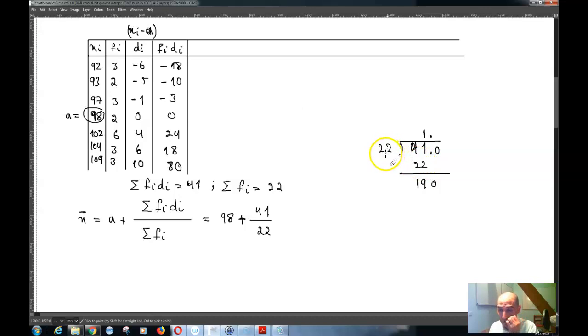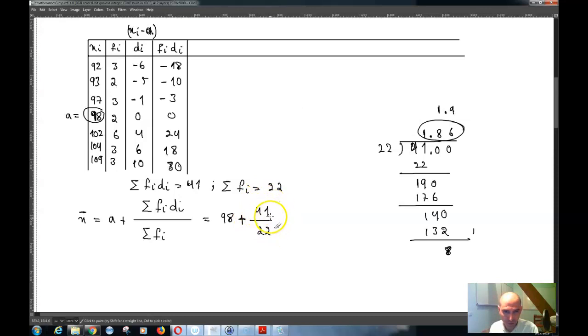Now let's take this as 180. 8 times 22 is 176, so the remainder is 4, and then another 0 here, 40, so 1 times 22, remainder 18, and you can still keep going, but I take this as 1.9.